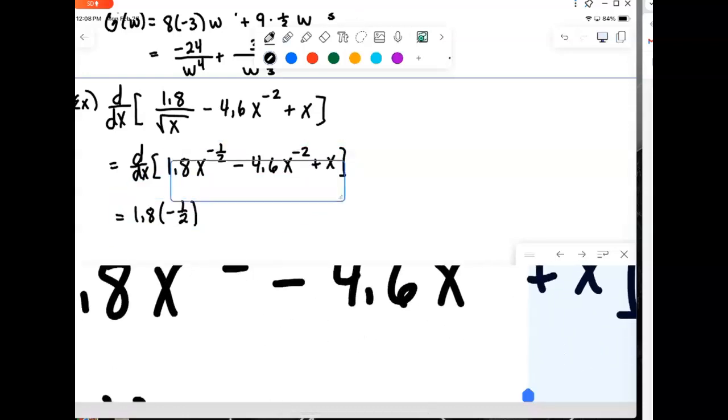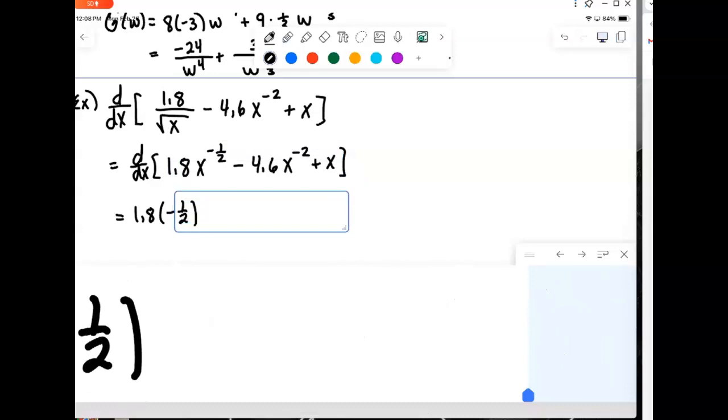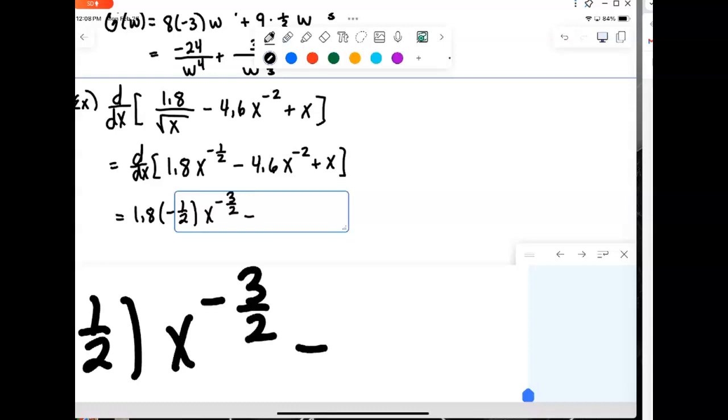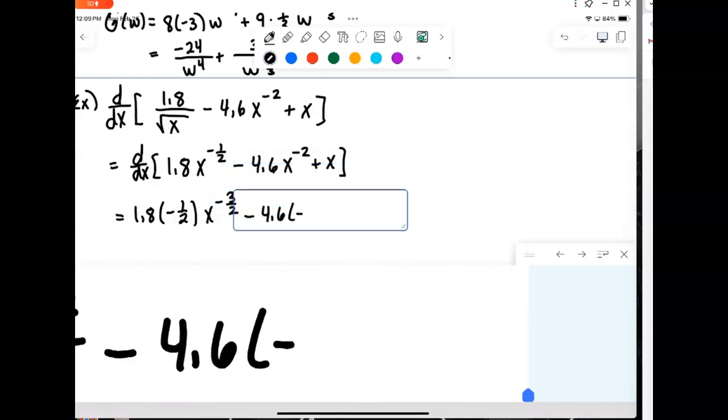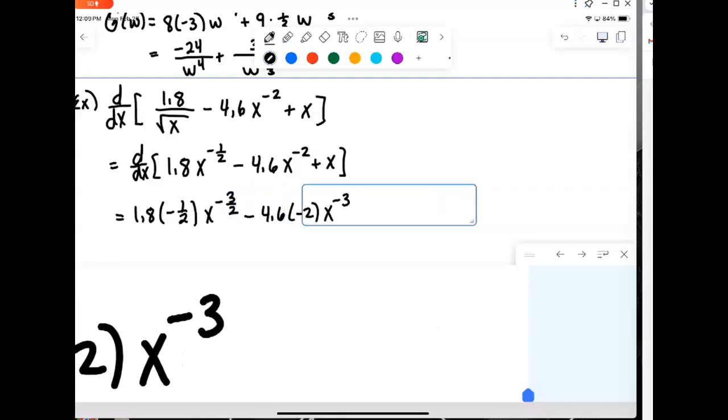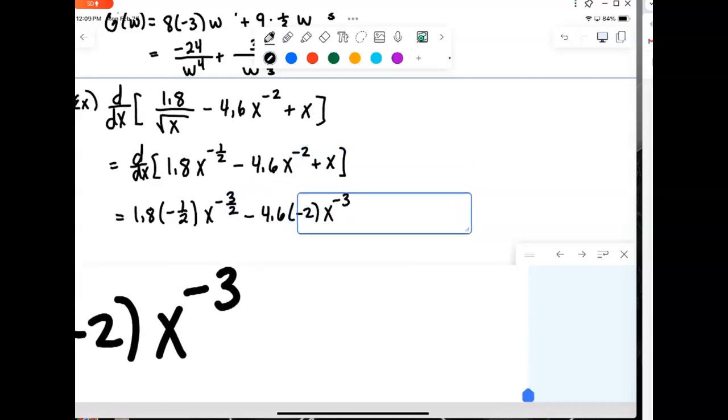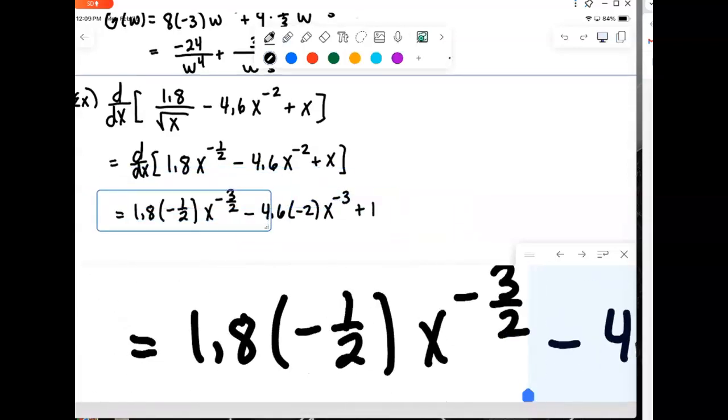So negative 1/2 minus 1 will be x to the negative 3/2 minus 4.6. Multiply by the exponent, negative 2. Drop it by 1 would make it negative 3. And the derivative of x would just be plus 1.